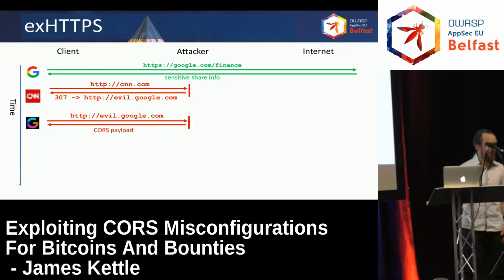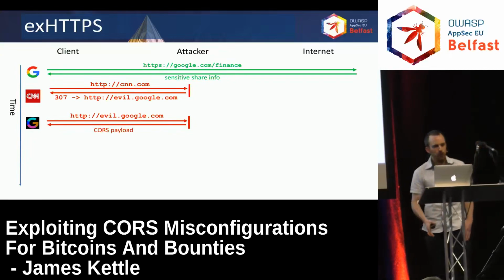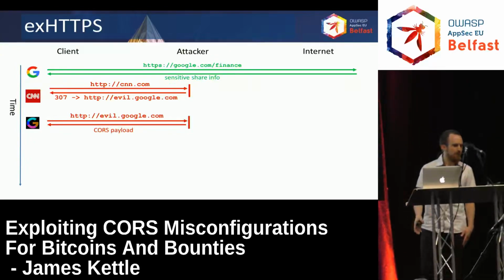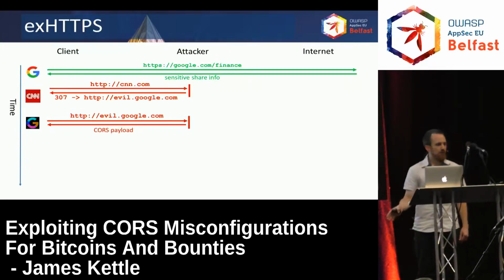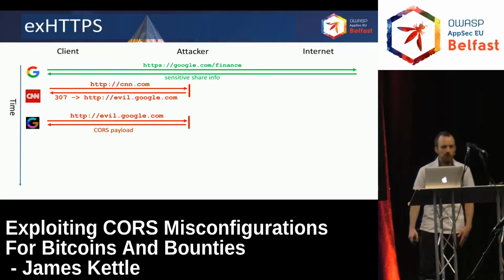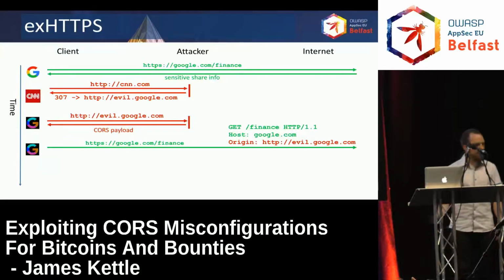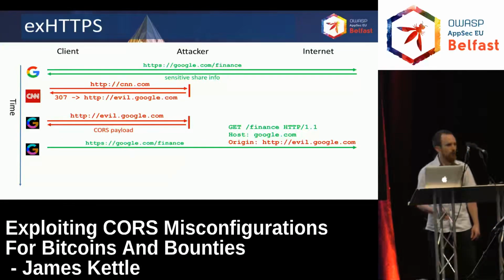And the browser will silently follow that redirect and load up HTTP evil.google.com. And once again, it's an unencrypted connection. You can catch that request and spoof the response. And now you're going to send some malicious JavaScript that's going to use CORS to send a request to Google Finance. And the browser will put on this origin header saying, this request to Google Finance is coming from evil.google.com.